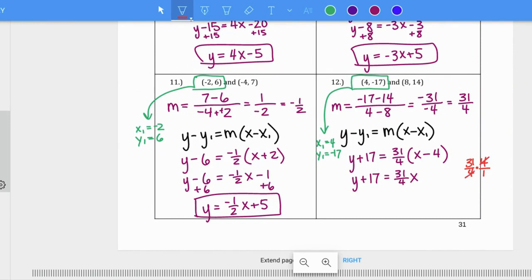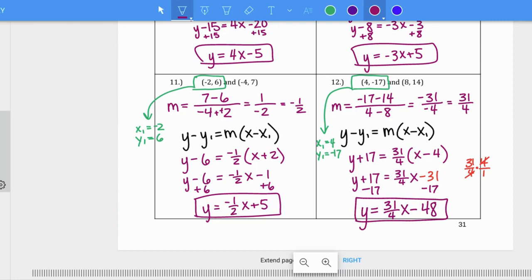And this will just come out at -31 here. And then we're going to subtract the 17. So we should get y equals 31 over 4 times x. Oh, let's see. What do we get? -48. A little messy, but it works.